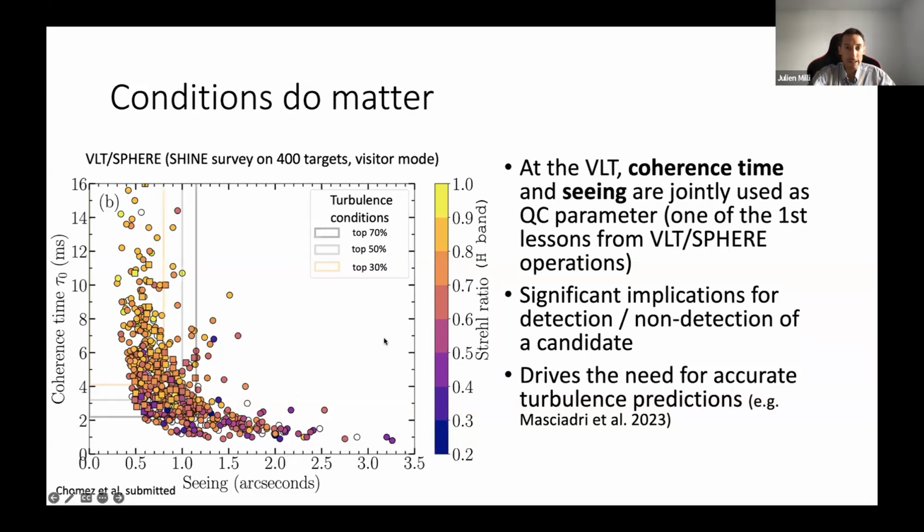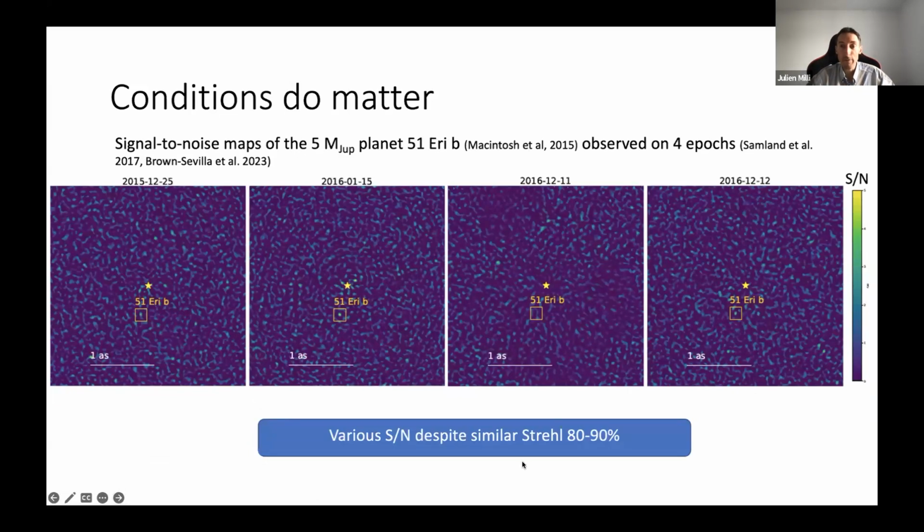And you can see in this set of images that indeed the conditions really do matter. These are signal-to-noise maps of the system 51 Eridani, one of the first exoplanets to be imaged by the GPI instrument. And these are images done at several epochs, four epochs, under various conditions.